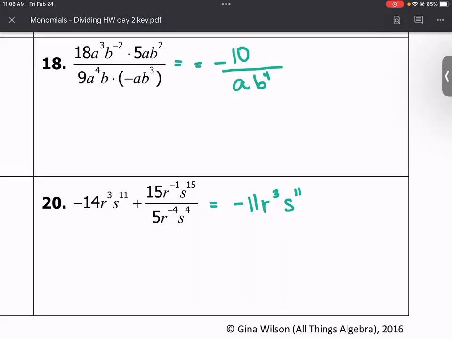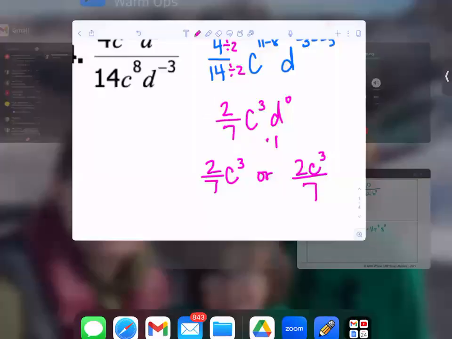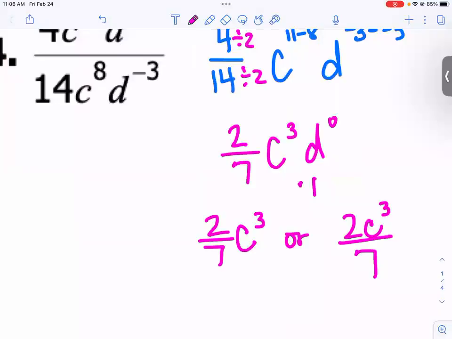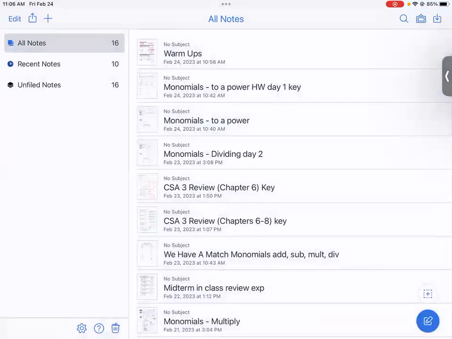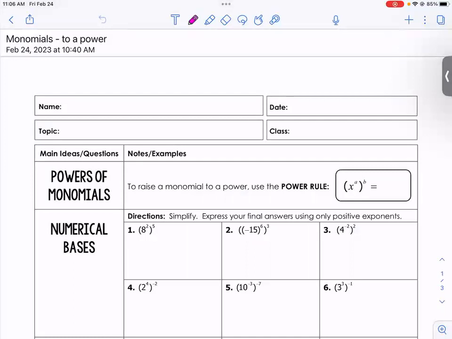Today, we are pretty much going to wrap up any new material concerning exponents. Monday and Tuesday, we're basically going to brush up on our exponents so that we can take our quiz on Wednesday. And just as a reminder, our CSA is going to be right before spring break.